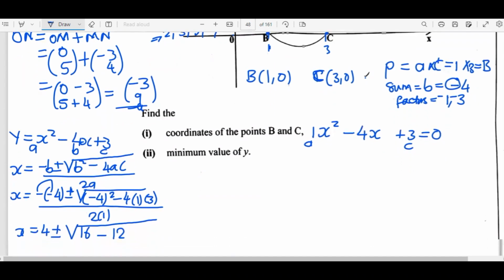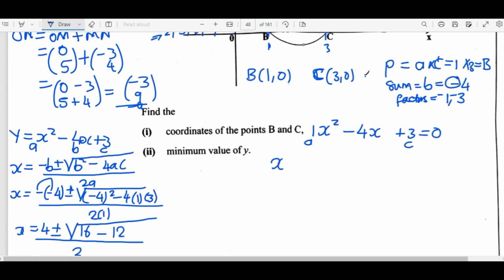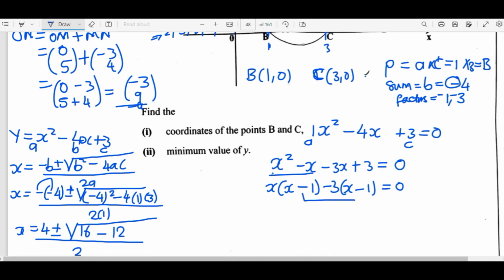We can now proceed. So x squared minus x minus 3x plus 3 is equal to 0. So we factorize the first part, x is common: x into x squared is x, x into x is 1. Here we have negative 3 into negative 3x is x, negative 3 into positive 3 is negative 1. So we can see that these two are the same.